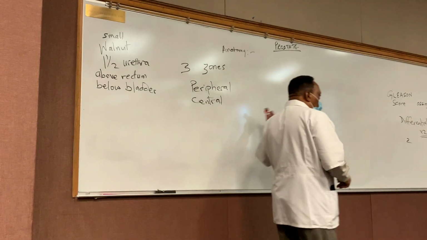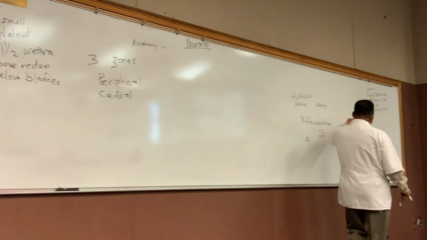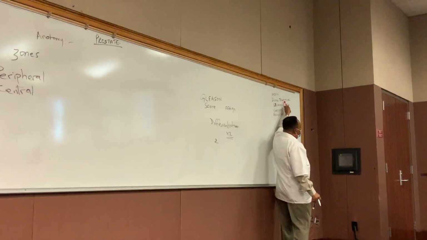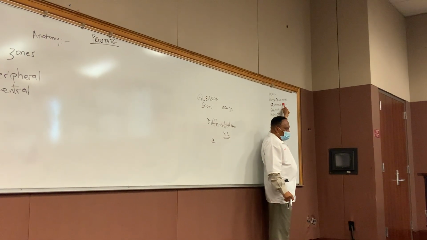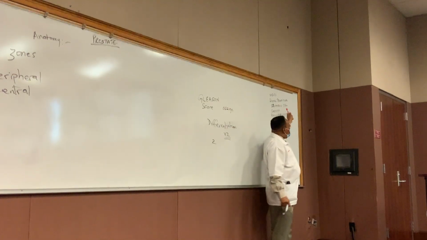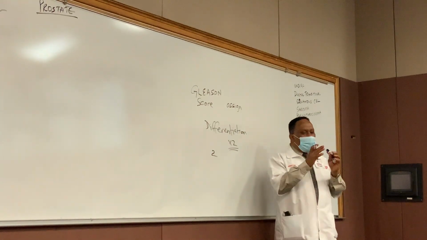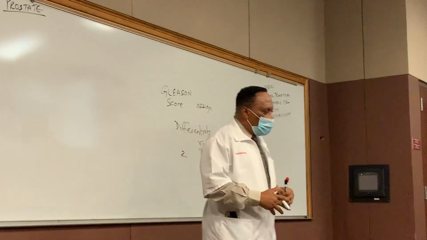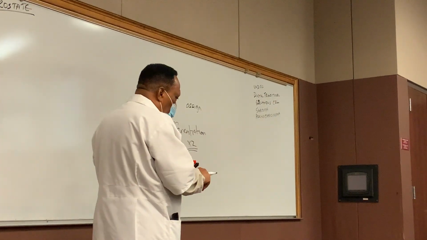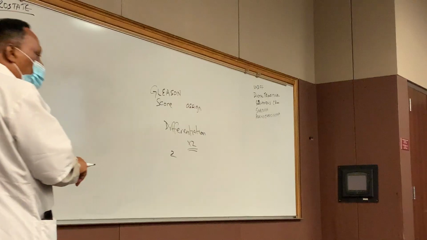And then the third one is the transitional zone. The transitional zone is the zone that is the closest to the bladder.